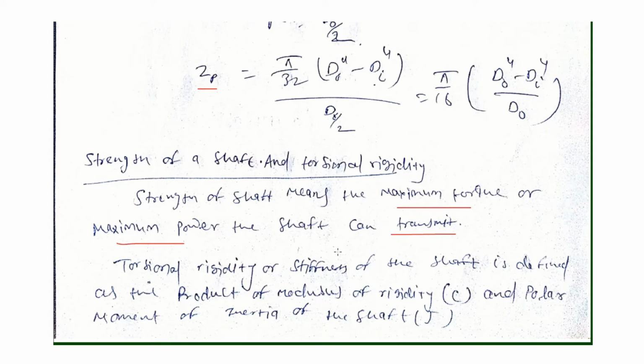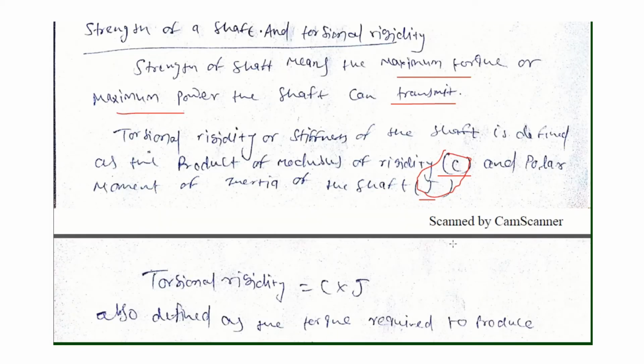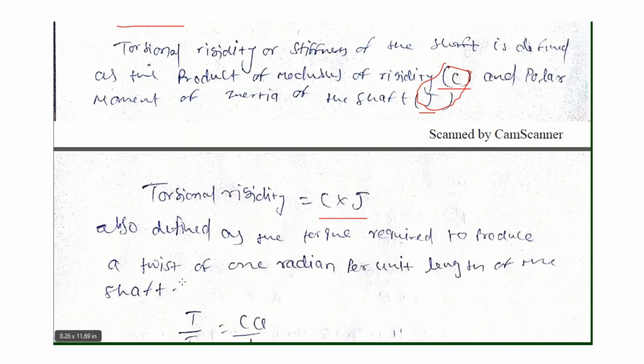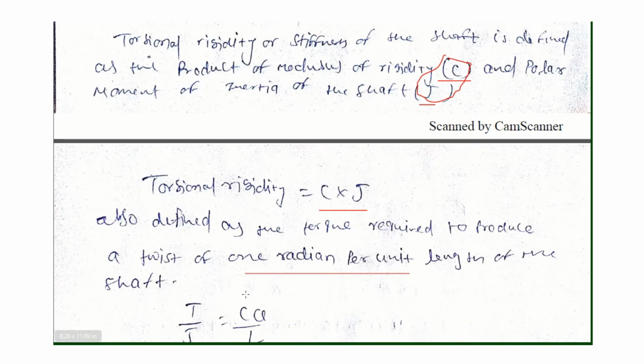is defined as the product of modulus of rigidity to the polar moment of inertia is the torsional rigidity. So torsional rigidity is C into J, also defined as torque required to produce a twist of 1 radian per unit length of the shaft.